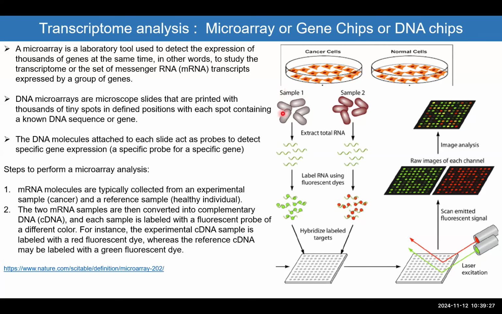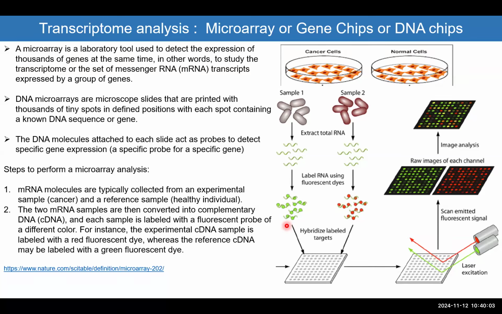You will take sample number one, like cancer cells, and number two, which is a normal cell. You will take all the messenger RNA or the RNA in general, and then you would generate cDNAs that are labeled. In this condition here, the cDNA is labeled in red, and in this condition here, the cDNA is labeled with green. Therefore, your cDNA is fluorescing either red or green when it's hit with the light from a specific laser.